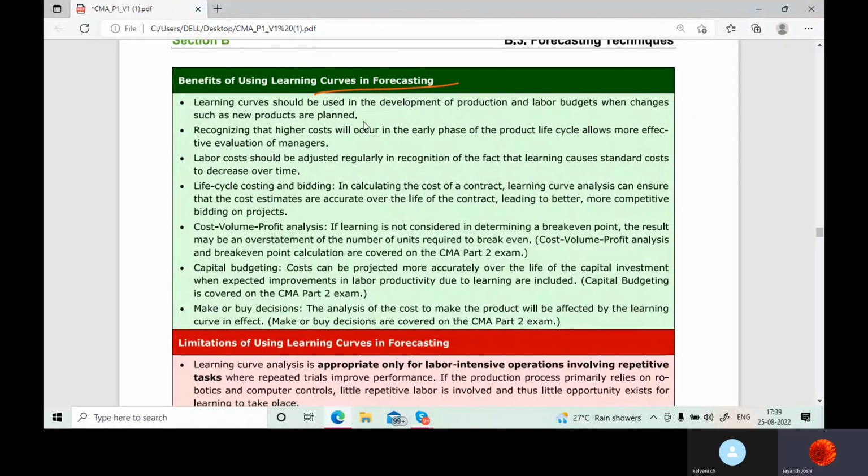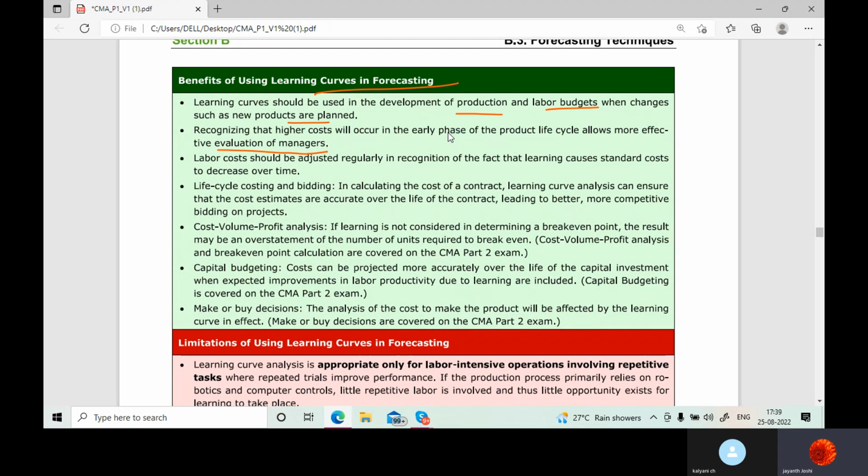Now, last is the benefits of using the learning curve in forecasting. The learning curve should be used in development of production and labor budgets when changes such as new products are planned. Recognizing that higher cost will occur in the early phase of the product life cycle allows more effective evaluation of managers.